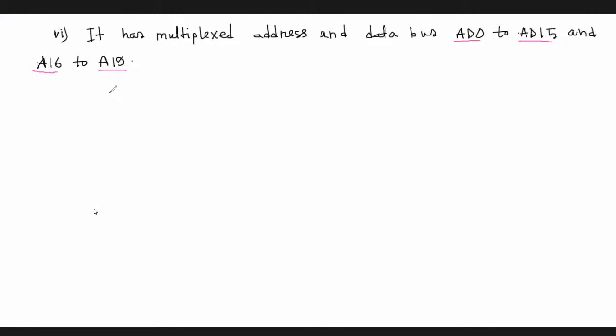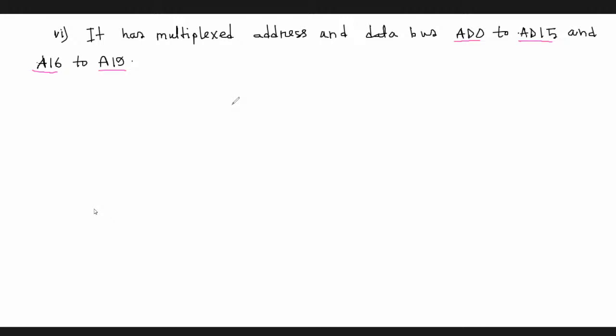So AD0 to AD15 act as address bus as well as data bus, and we have 4 extra, A16 to A19, that are for address. We already said that data is 16 bit, so that's why we need these 4 bits extra.